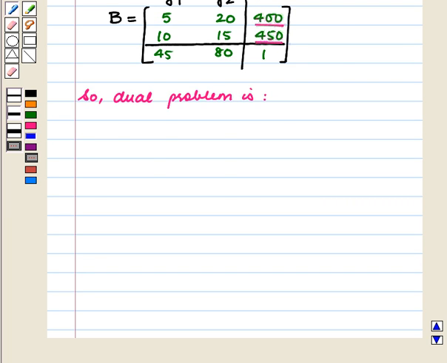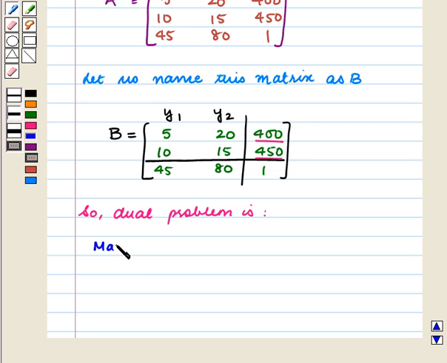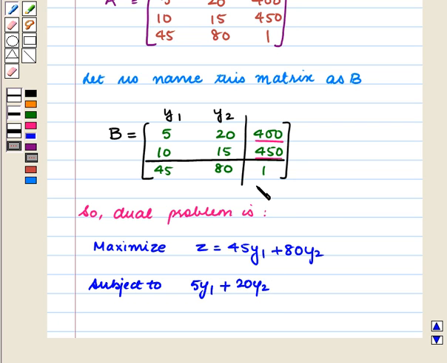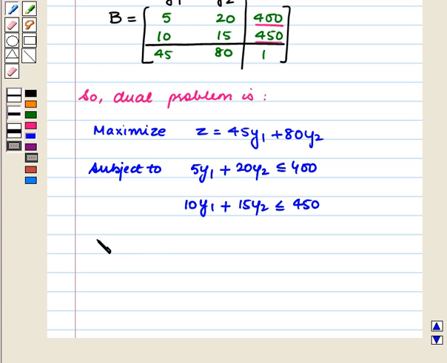So the dual problem is maximize z equal to 45 y1 plus 80 y2 subject to 5 y1 plus 20 y2 is less than or equal to 400 and 10y1 plus 15y2 is less than or equal to 450. y1 is greater than or equal to 0 and y2 is greater than or equal to 0.